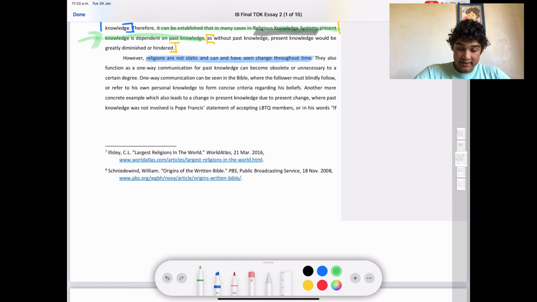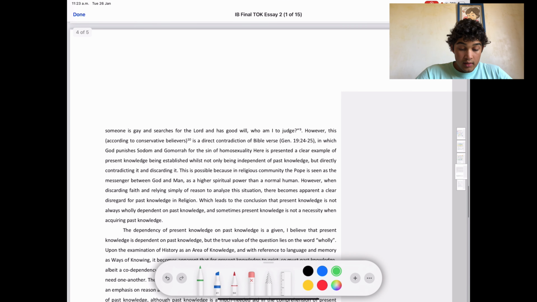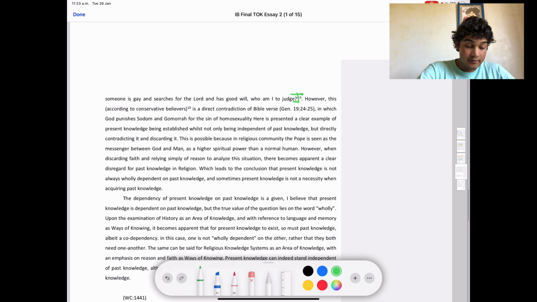This is the beginning of my example. And then I start here with a quote by Pope Francis until here. And then I quote the Bible itself. And I analyze the discrepancy or the contradiction between these two quotes in which the Pope is saying something and the Bible says something else.